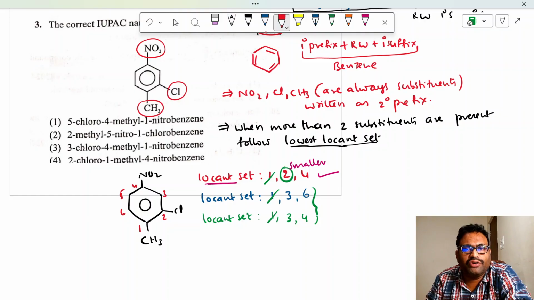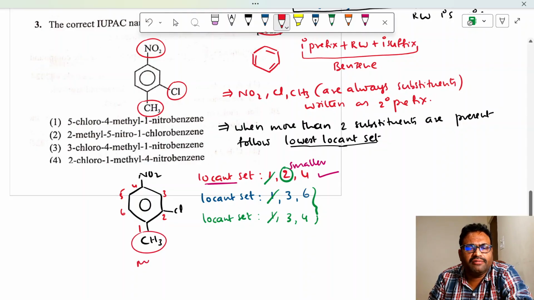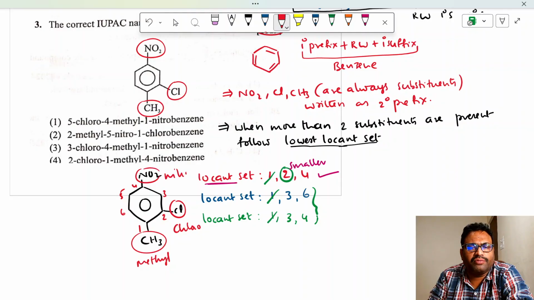This is according to the lowest locant set. Now, numbering you have done, and there are three different substituents. If you write the names, this is methyl, this is chloro, and this is nitro.